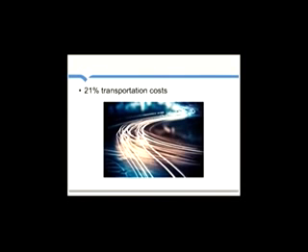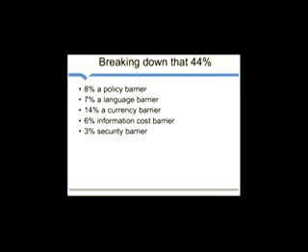Of that sum, they estimate that about 21% is transportation costs, about 44% is border-related costs, having to deal with paperwork or bureaucracy or tariffs or different cultures or different regulatory standards. And indeed, breaking down that 44%, they find 8% a policy barrier, 7% a language barrier, 14% a different currency barrier, 6% an information cost barrier, 3% a security barrier.